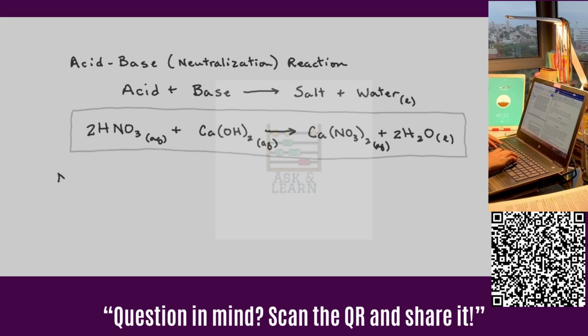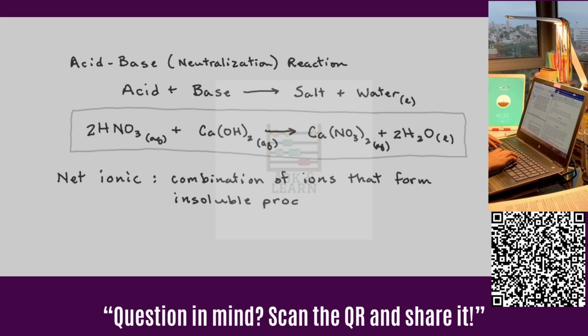For the net ionic equation, we need to show the combination of the ions that form that insoluble product. So the insoluble product is the water. So let's see here.